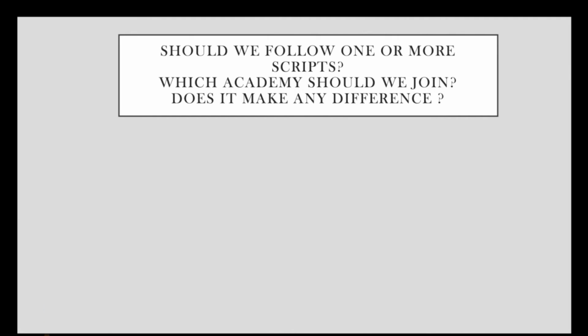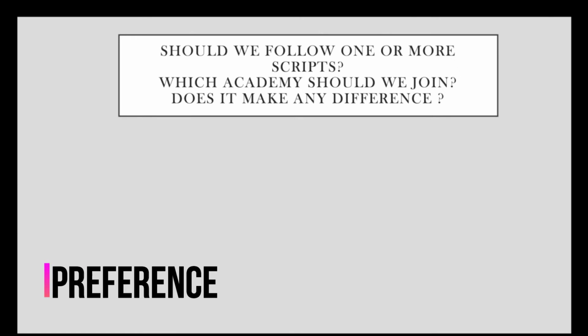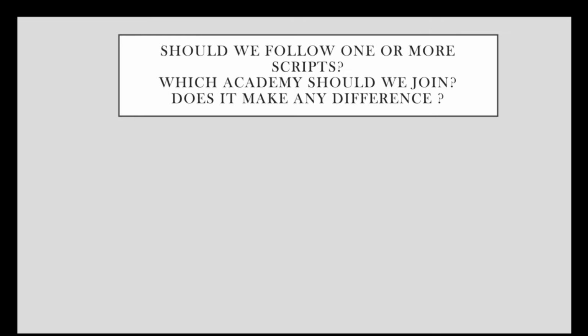The preference depends upon which academy your friends are going to, whether you can afford the academy based on its location, maybe it's in London, maybe it's in Manchester, which academy is closest to your examination center, and what you have heard from your seniors or read from different experiences on Facebook or different blogs. All of these are contributing factors in choosing an academy.